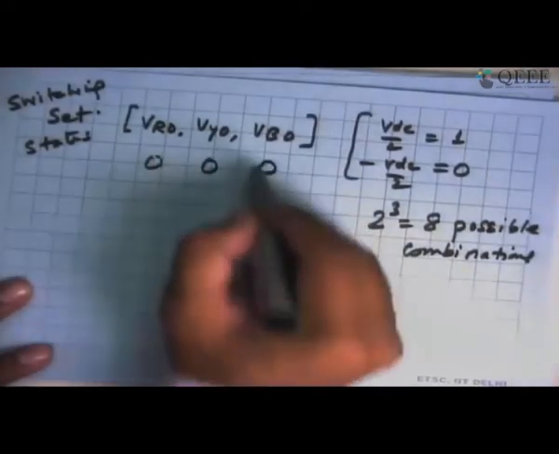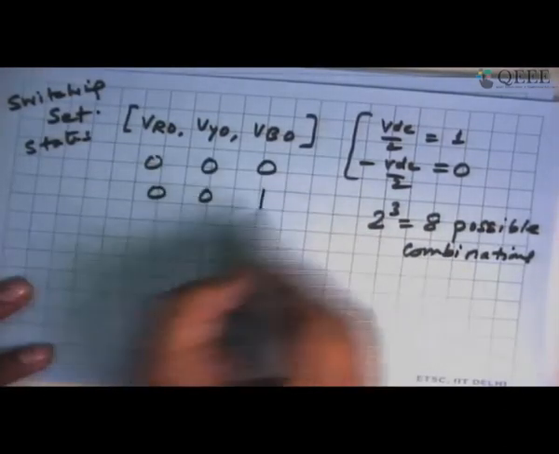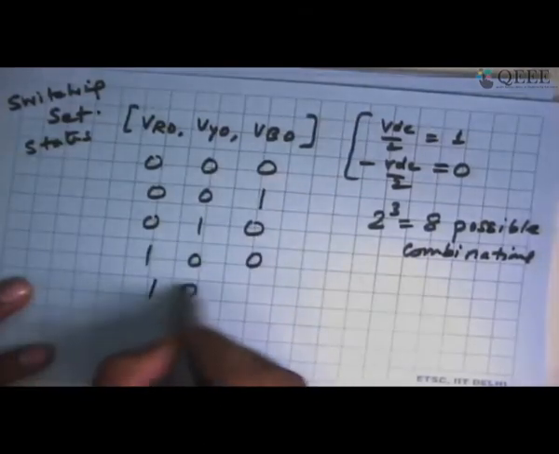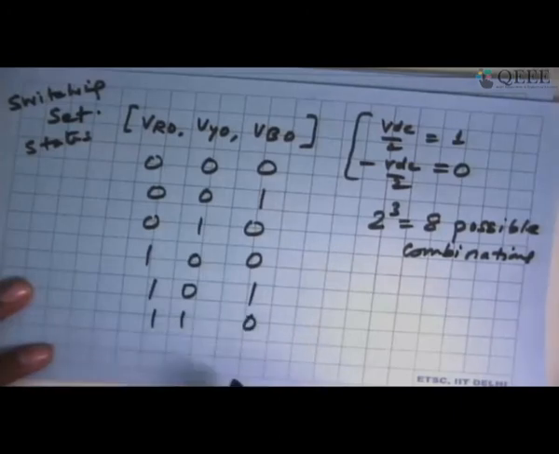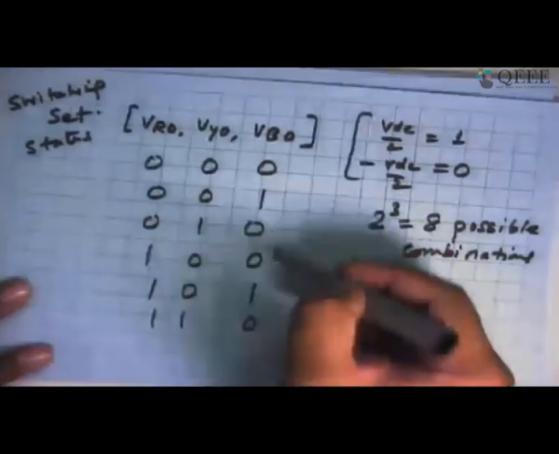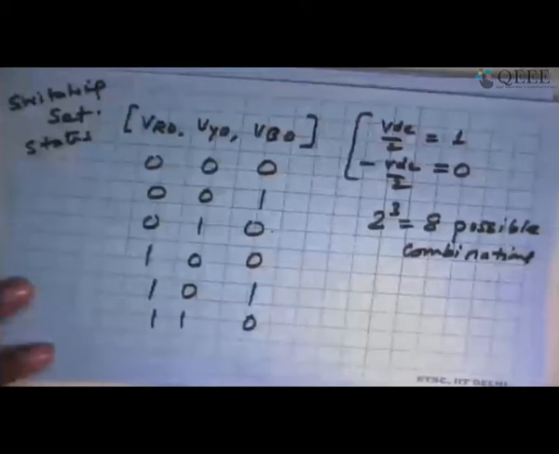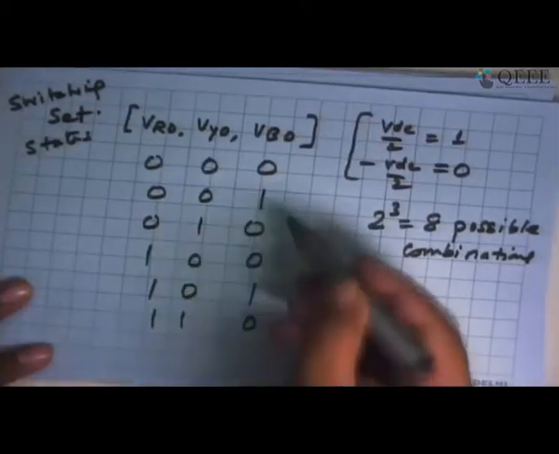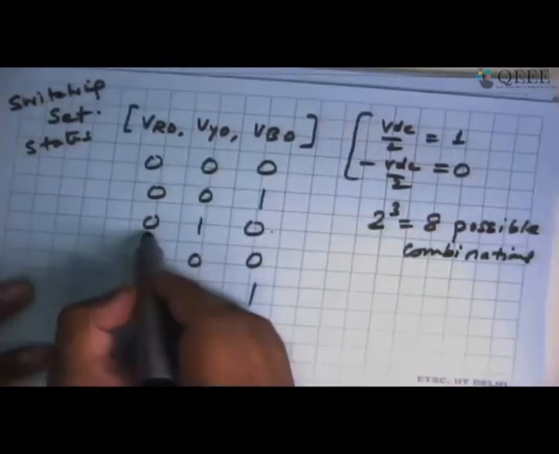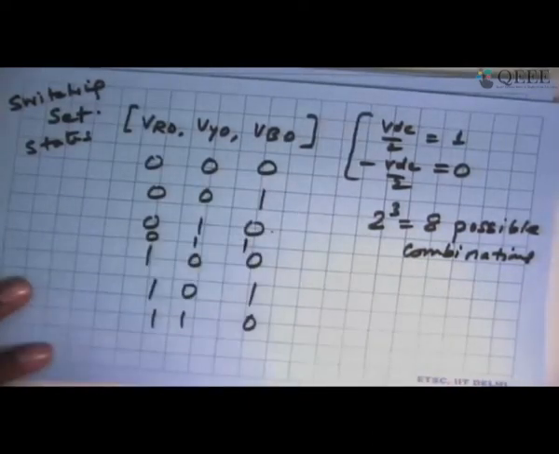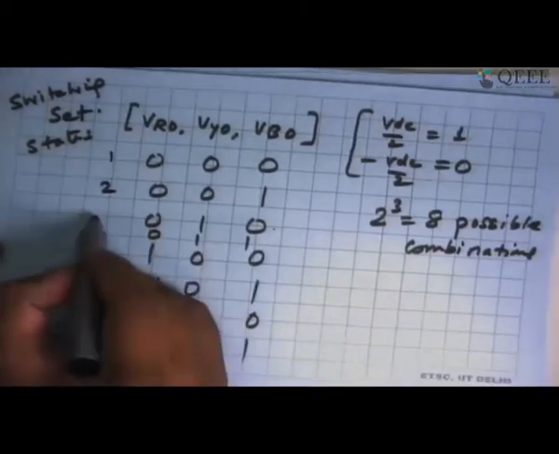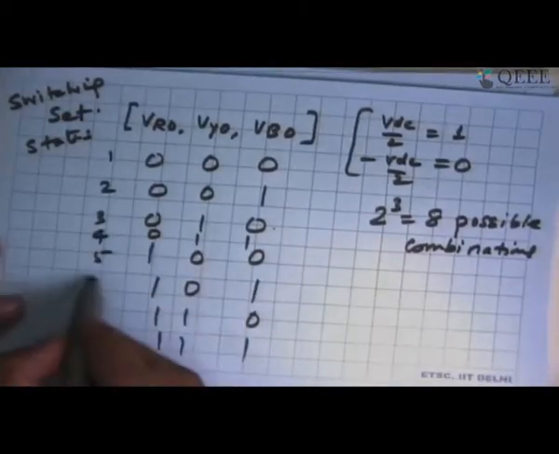It can be 0 0 0, 0 0 1, 0 1 0, 1 0 0, 1 0 1, 1 1 0, 1 1 1, 0 1 1. So basically you have 1, 2, 3, 4, 5, 6, 7, 8.